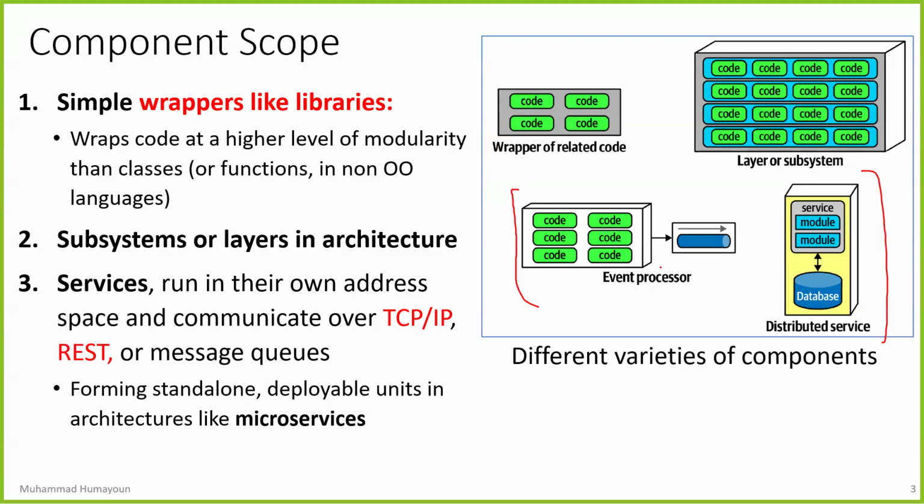So for instance, this event processor, some piece of code, wants to access this service right here. And so you push your request into this channel, and actually it's a queue. So when it's your turn, the service will process your request, but for that request, you may or may not want to communicate with the database, and then something comes back, and then it is returned to you. So these are three scopes of components that you can see in different codes.